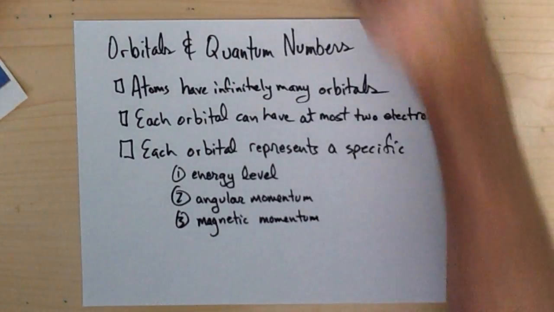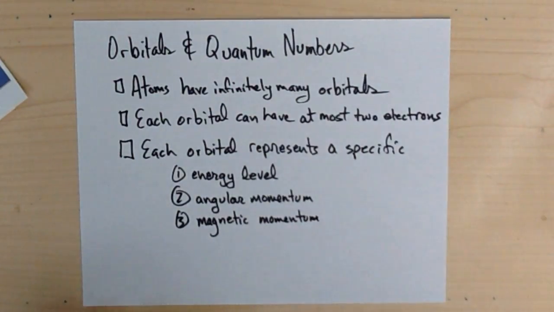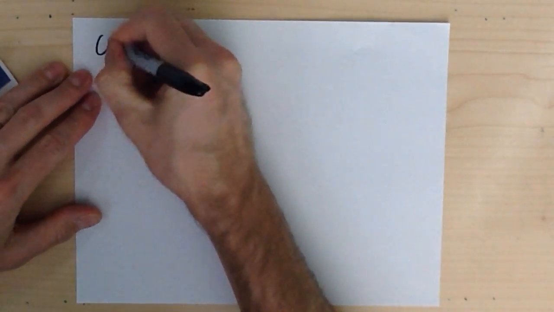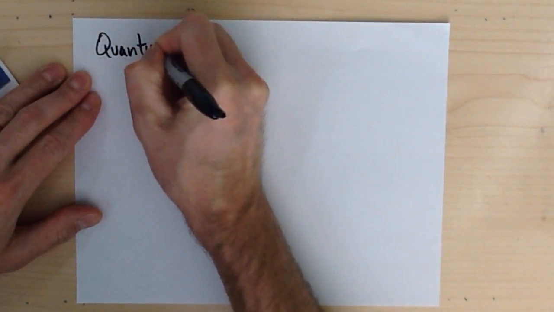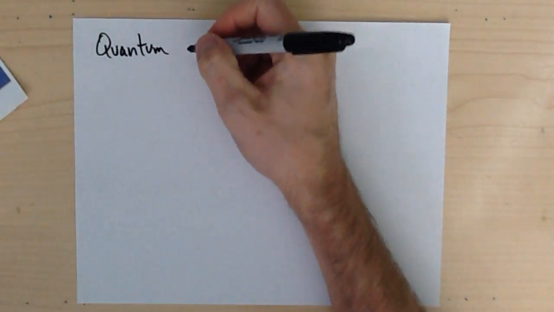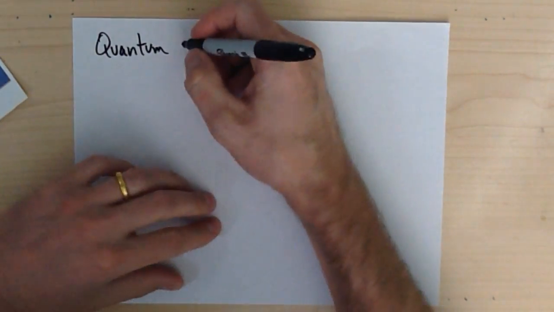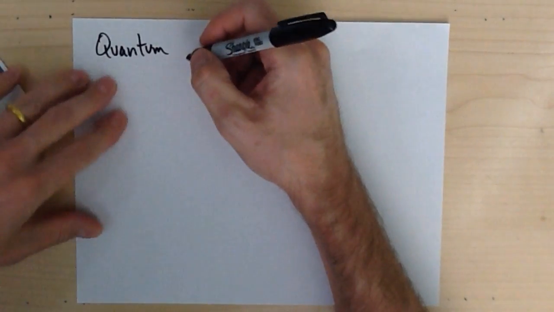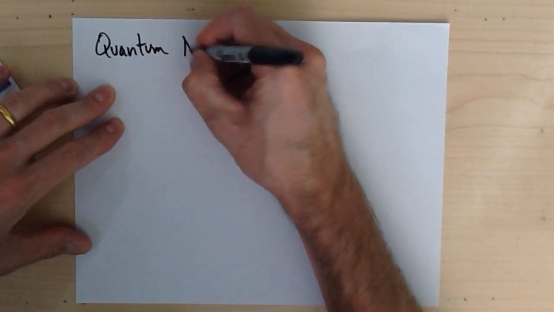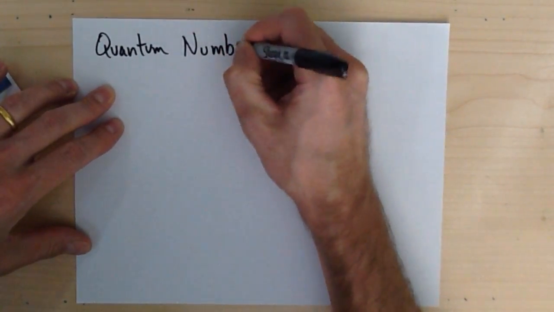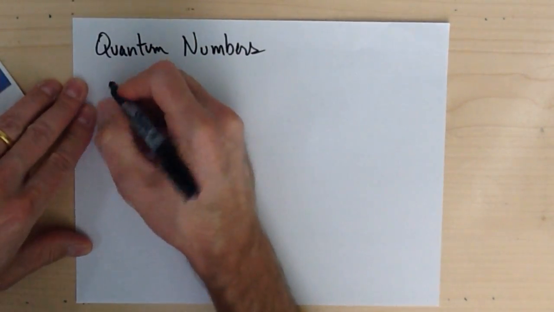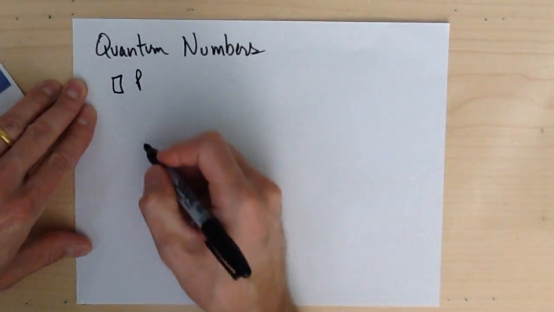All right, so let's talk about these things in turn. So let's begin with quantum numbers. What am I talking about with quantum numbers? Well, basically I just mean that for each electron in these orbitals, they're going to have quantized features, quantized parameters. And the first one is the one we've talked about.